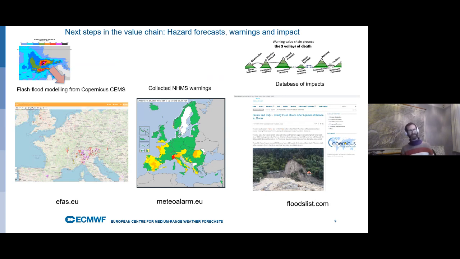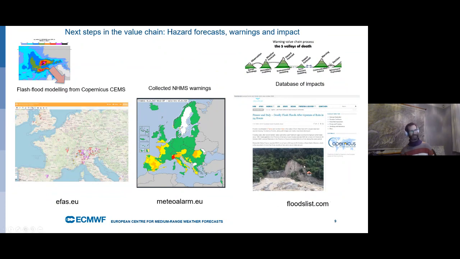And from an evaluation perspective, we want to know how the value of the information propagates downstream, going from our precipitation forecast, and then how to modulate hazards, like in this case a flash flood product from the Copernicus Emergency Service, and then leading into a warning.